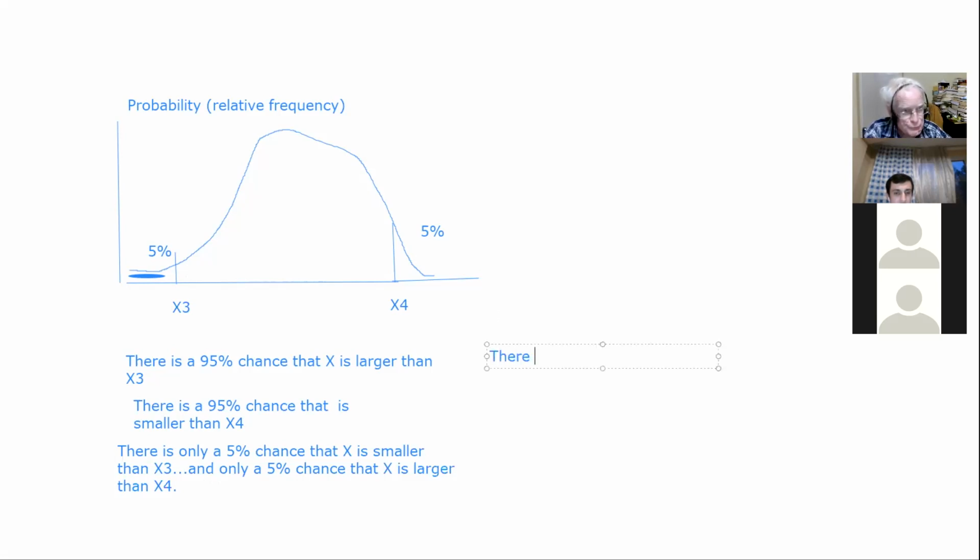So there is a 90% chance that x will fall in the interval of x3 and x4 like that.